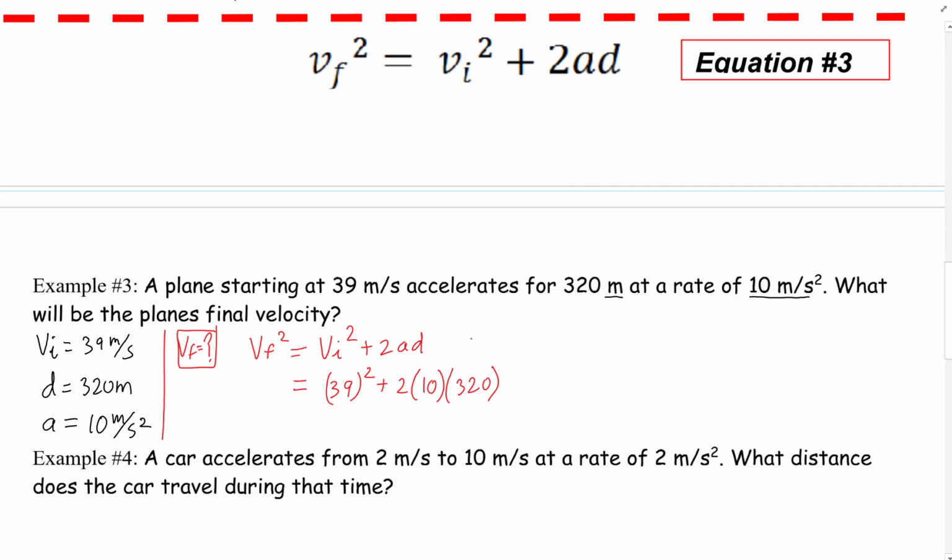Mr. Curl's getting lazy and not writing down the units. 39 squared is 1521. Plus 2 times 10 times 320 is going to be 6,400.